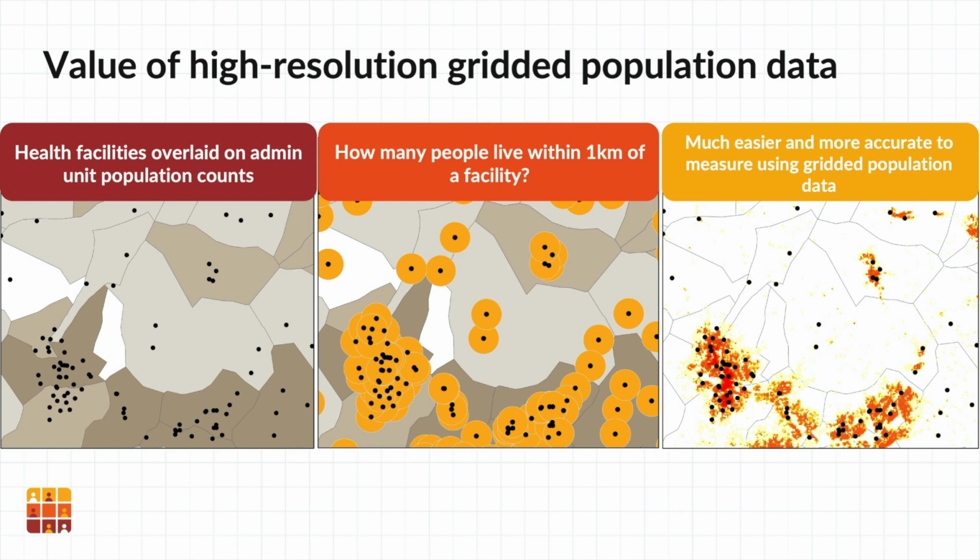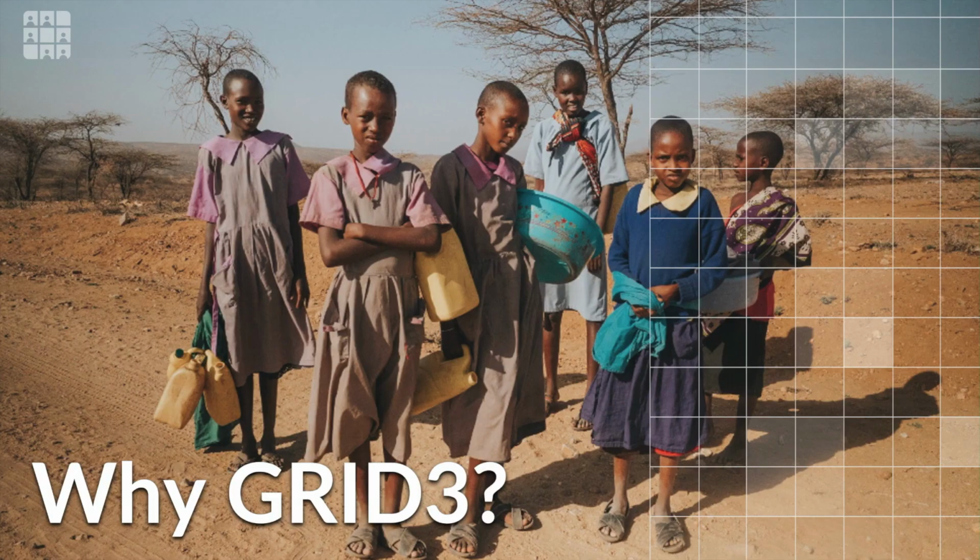But with a gridded population dataset, since you have a precise number for each grid cell, you can just sum up the grid cells that are 1 kilometer around these health facilities, and then have a precise estimate of the number of people that can access this health facility.